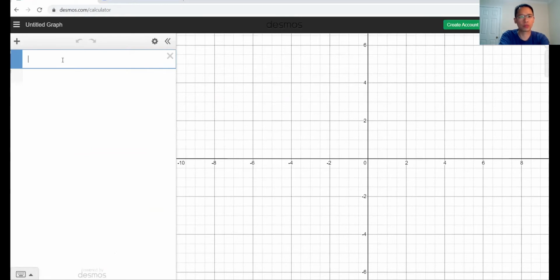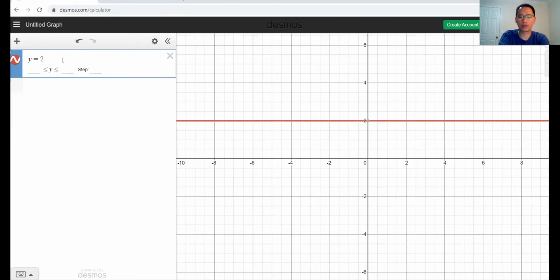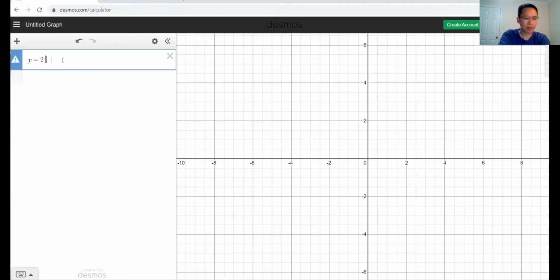So you're just going to type this in. y equals 2, and then absolute value. There's a vertical bar on your keyboard that you can use, and then x plus 8. Close the absolute value, and then plus 2.